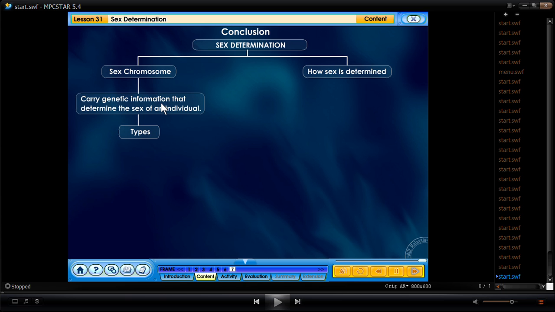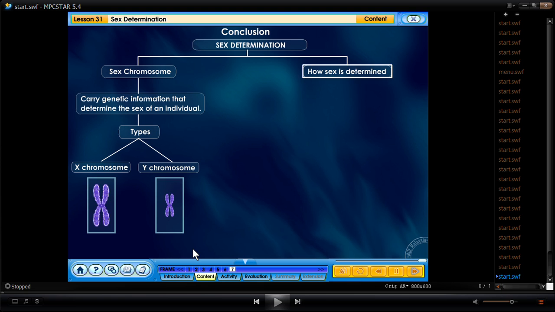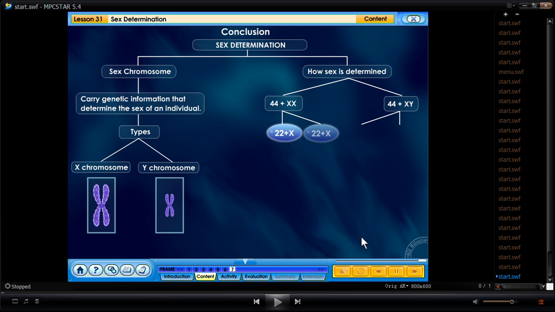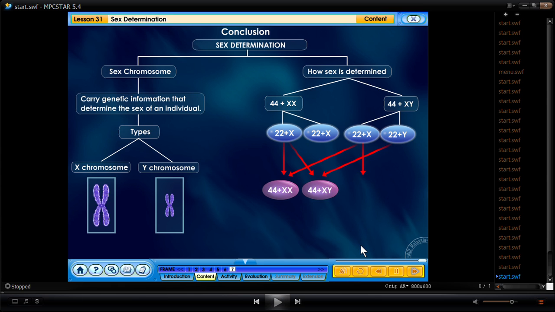Types: X chromosome, Y chromosomes. 44 plus XX, 44 plus XY, 22 plus X, 22 plus Y. Girl, boy, 50% girl, 50% boy.